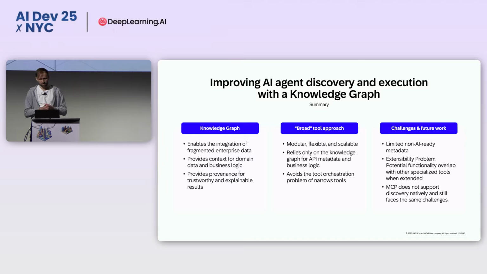This broad tool approach can also have an extensibility problem: you cover a broad API surface with these tools, but if you then also have very specialized bespoke tools on top of that, you have an overlap of scope with these tools. And that's something you need to think about.